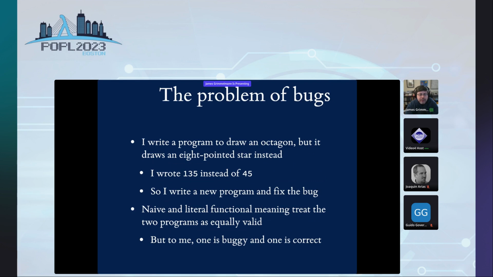And the audience of users, people who want to look at octagons rather than stars, one of these programs is buggy and fails to do what they want, and the other is correct and does do. So to the extent we have a distinction between buggy code and correct code, that distinction is coming from someplace outside of the definitions we have. We need a new concept of program meaning to take account of it.